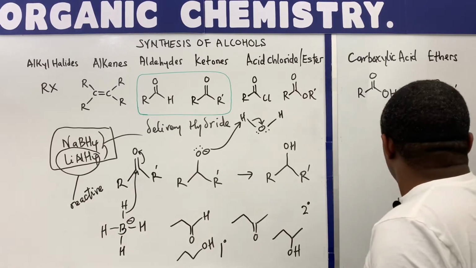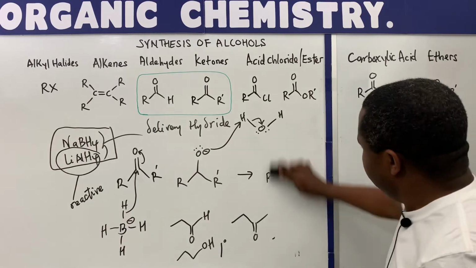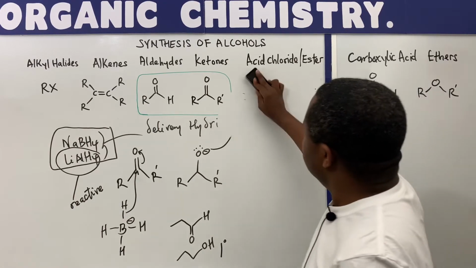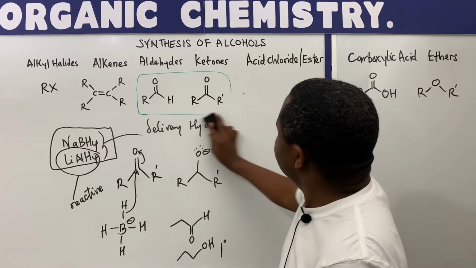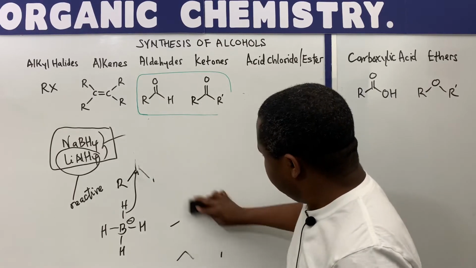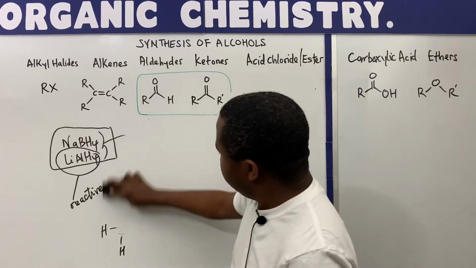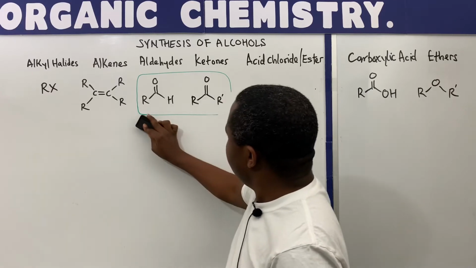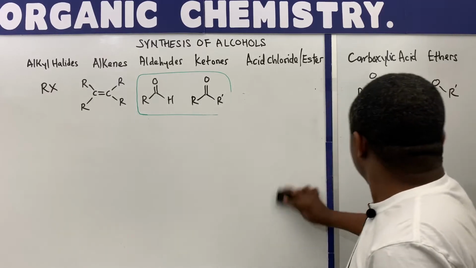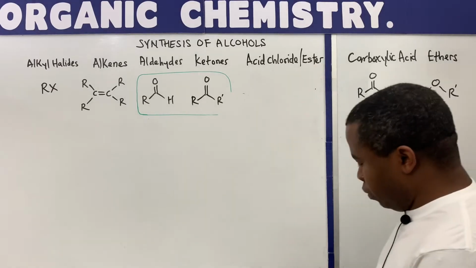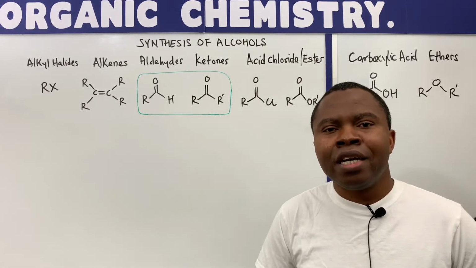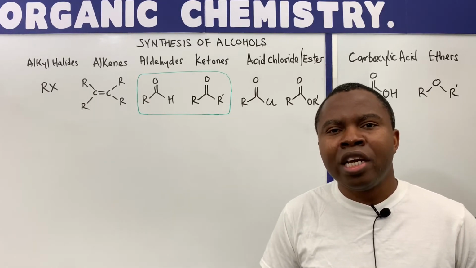So next, we're going to look at the synthesis of alcohol using, oh Lord, I cleaned this one. Okay, I'm going to write it back. So we're going to look at the reaction of Grignard reagents and carbonyl compounds to make alcohols. The synthesis of alcohols can also be achieved through the reaction between a Grignard reagent and a carbonyl compound.